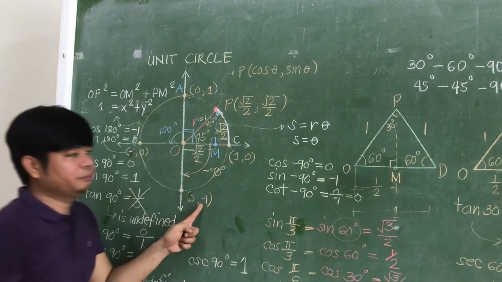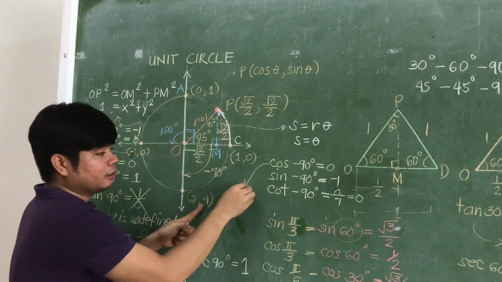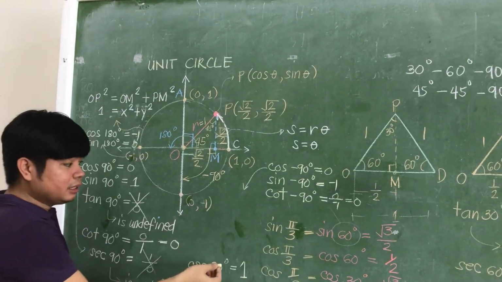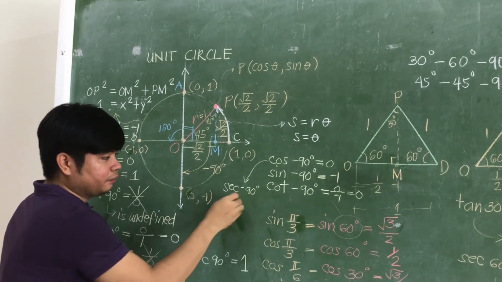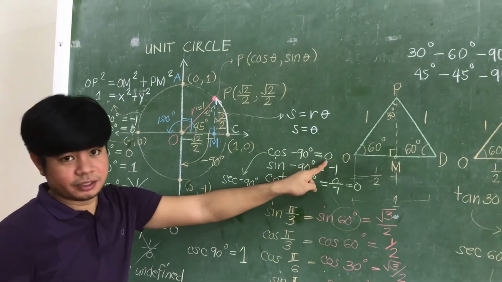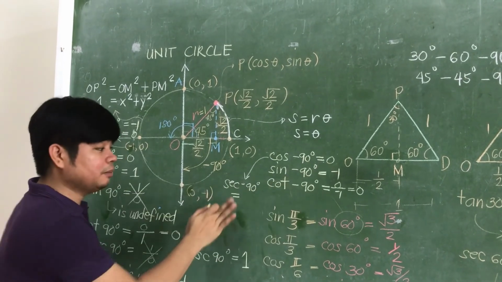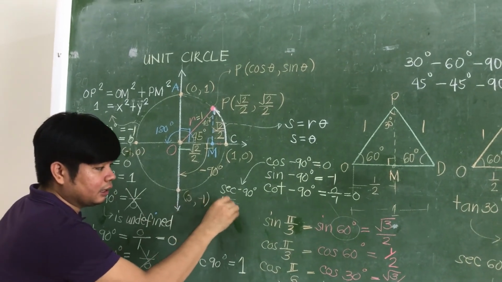The answer is 0. Or if you would like to get the reciprocal of cosine negative 90 degrees, that is secant negative 90 degrees. If cosine is 0, the reciprocal 1 over 0 cannot be, right? So that is undefined.